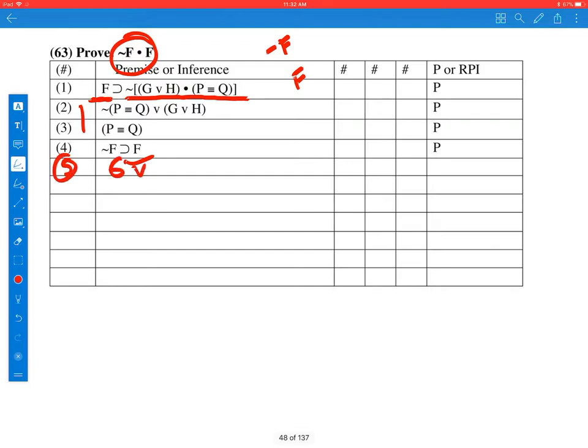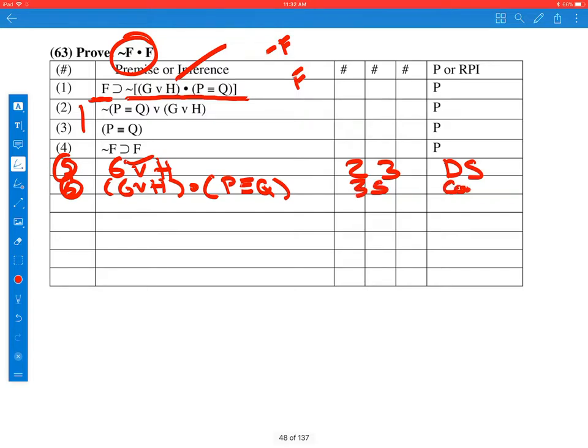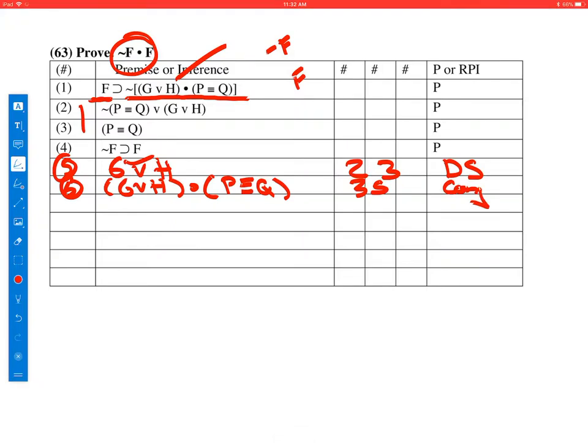If you look at 2 and 3, it gives me G or H, 2-3 disjunctive syllogism. So that's the first part of that consequent, and the P if and only if Q is already on line 3, so let's just put 3 and 5 together. I get G or H and P if and only if Q, and that comes from 3 and 5 conjunction. I just put those lines together.